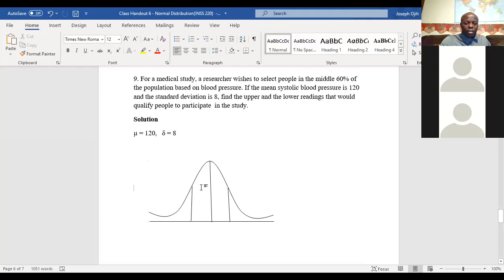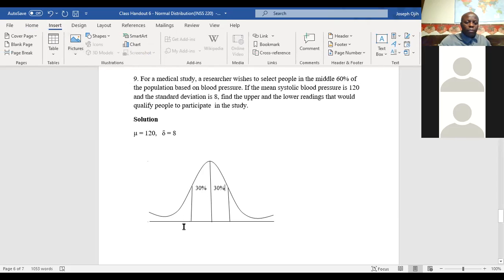That means there's going to be 30% on the left side, and then on the right side 30%, making it 60% middle. So that is the area. In that case, you're looking for X1, which is the lower reading, and X2 is the upper reading.